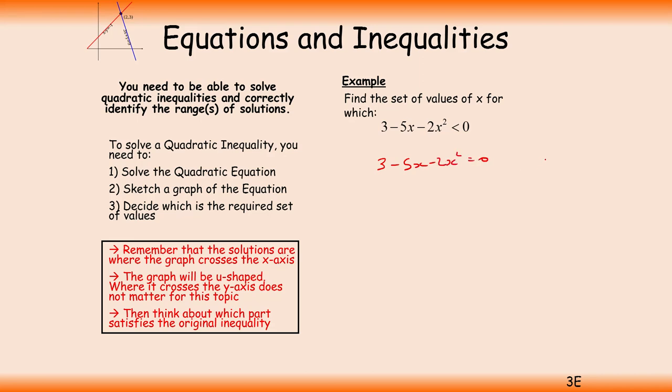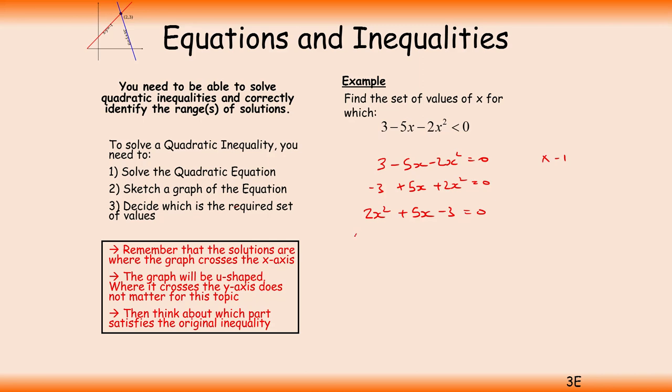Now if I times each term by minus 1, I get minus 3 plus 5x plus 2x squared equals 0, and rearranging that I end up with 2x squared plus 5x minus 3 equals 0.